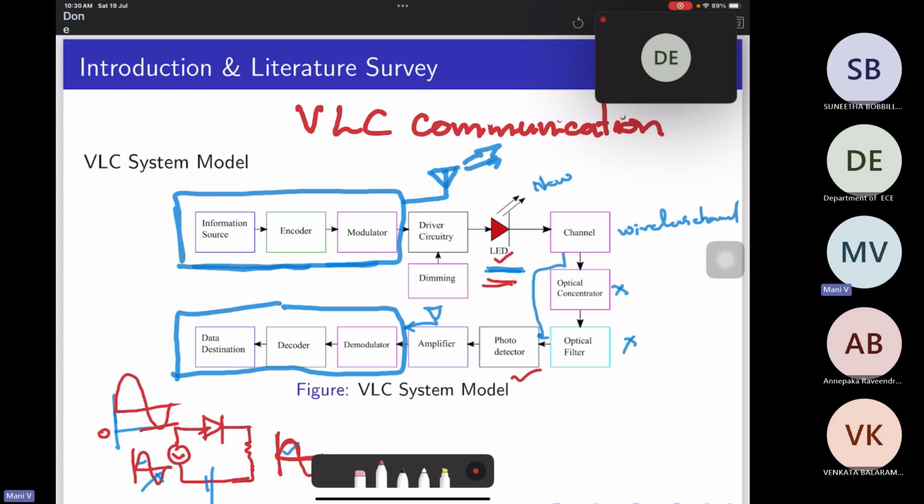When a tech fair is organized in your institute, can you provide Wi-Fi to all of the students who are present? Can you provide it with the existing infrastructure? Yes or no? You cannot, right? Because the access point has limitations.